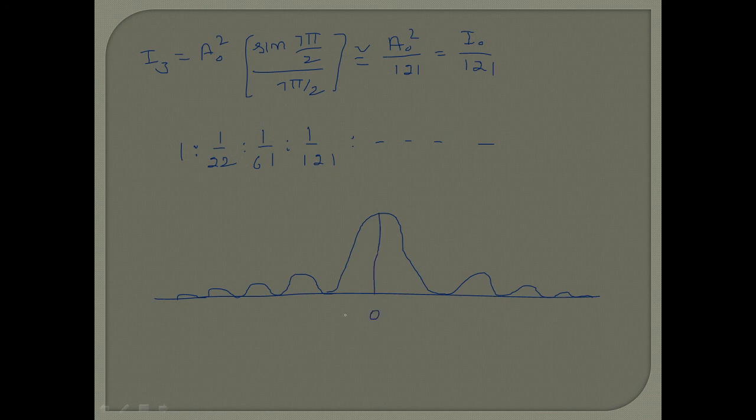This is 0, this one is minus pi, pi, 2 pi, 3 pi, minus 2 pi, minus 3 pi, minus 4 pi, and the maxima are at 3 pi by 2, 5 pi by 2, 7 pi by 2, like this.